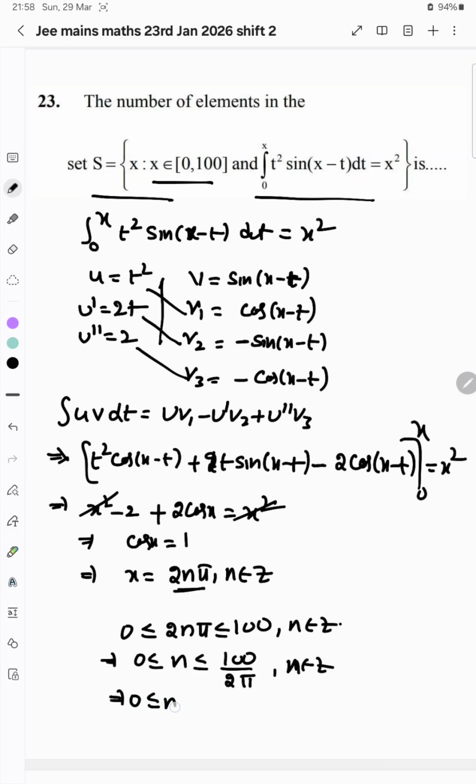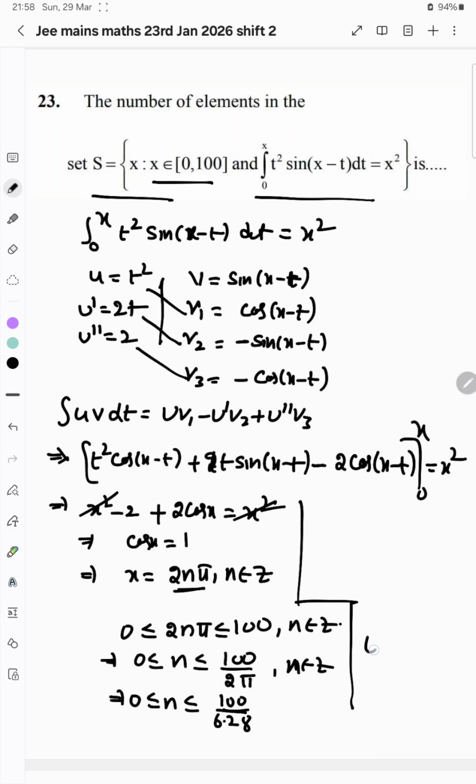Okay, 0 less than or equal to n less than or equal to, pi means 3.14, by 2, 3.14 by 2 means 6.28 we will get. Now 100 by 6.28, how much is it only we have to calculate. See now here, generally we know 16 sixes are 96, right? But 0.28 is there, so let's check it. Suppose 16 times multiplying: is it coming more than 100 or smaller than 100? Smaller than 100 means we can consider 16; more than 100 means 15 point something only is possible.